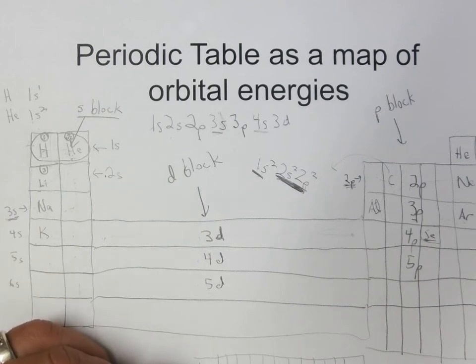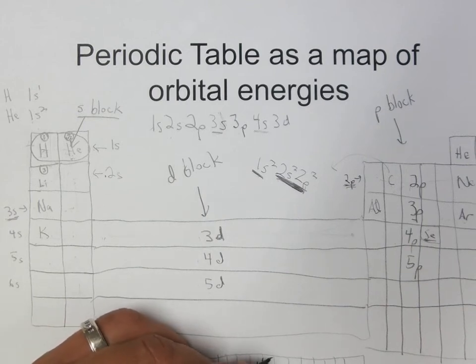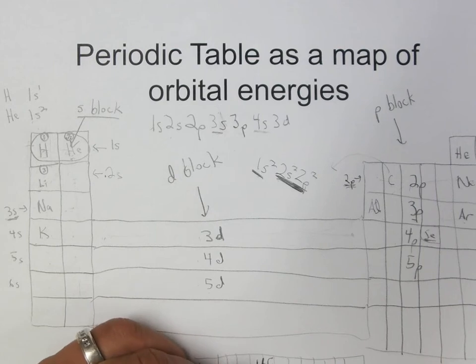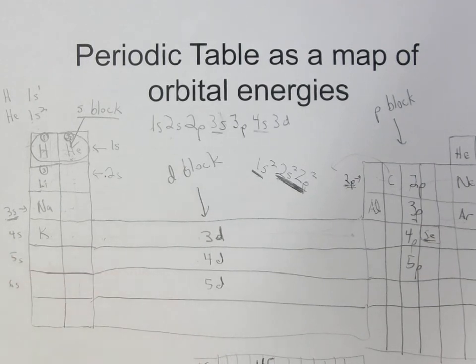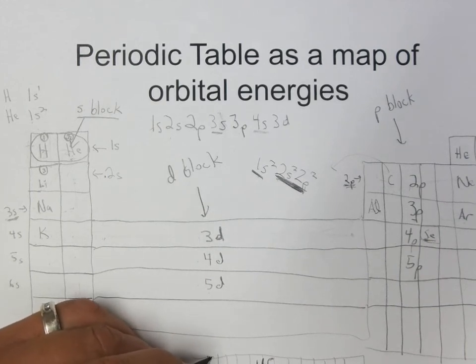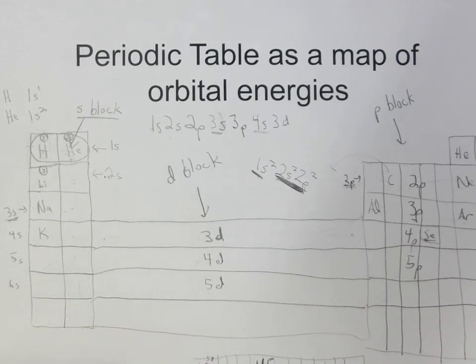Remember, the first time we have the f sublevel is in the 4th energy level. So where's the 4f? The first element in the 4f is cerium, Ce, and that's element 58. So the 4f will start to fill after element 57.